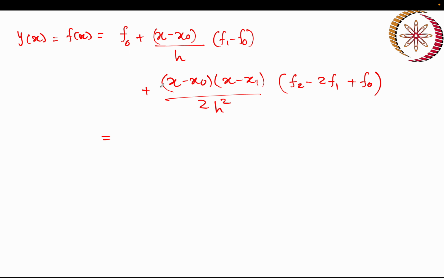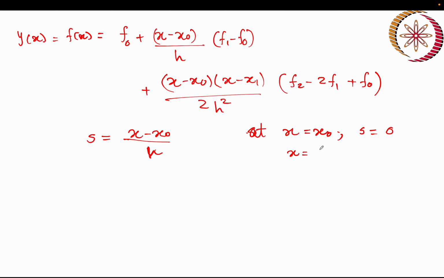Now we'll do a change of variable. s is equal to (x minus x0) by h. At x equal to x0, s is equal to 0.